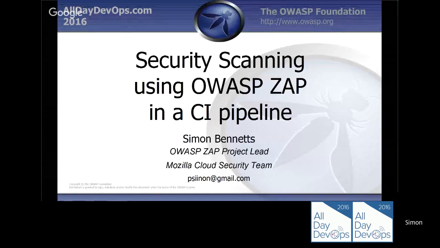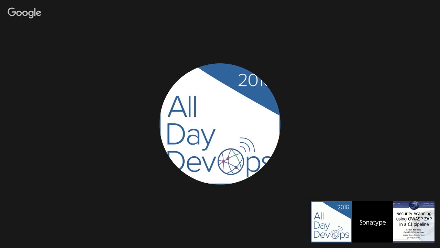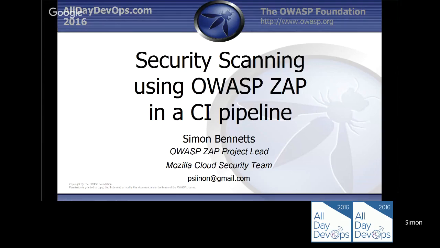Do we have them now? I see your slides on Hangouts. Just a moment while we see if it catches up. There we are. Okay, well, let's hope they keep going. Right, I will carry on.